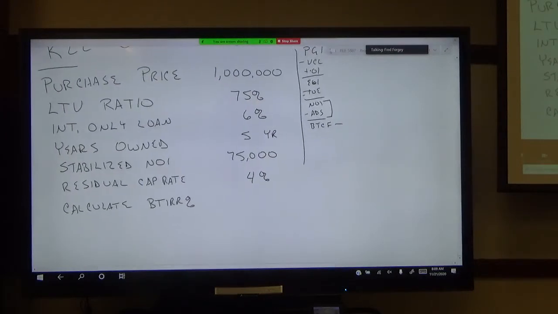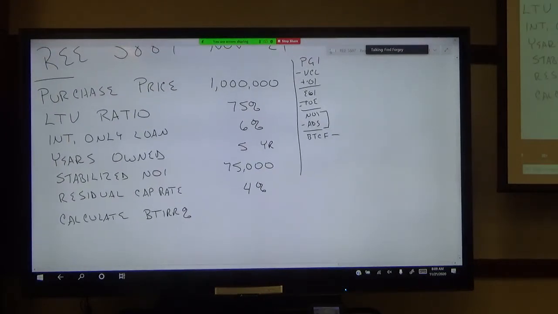So let's take a look at this. All right. So we start off with our purchase price of $1 million. Our loan to value is 75% of that, meaning that our loan would be $750,000, okay?